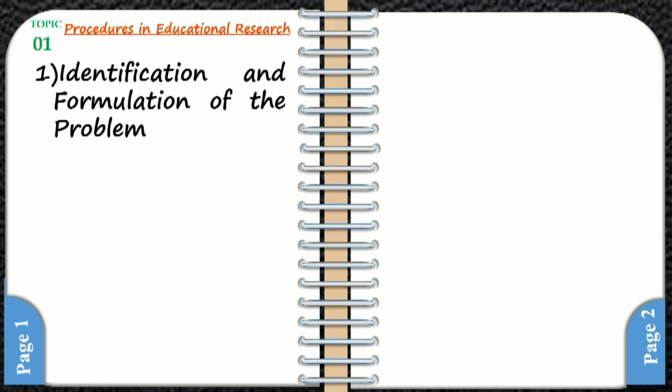Number 2, literature review. We talked already about literature review. Once the problem is identified, the researcher immerses themselves in existing scholarly work through journals, books, and conference papers related to this topic. The literature review serves several vital functions, as we saw.